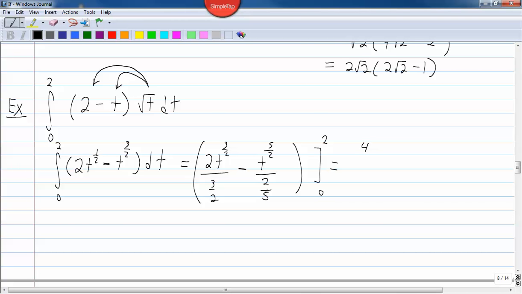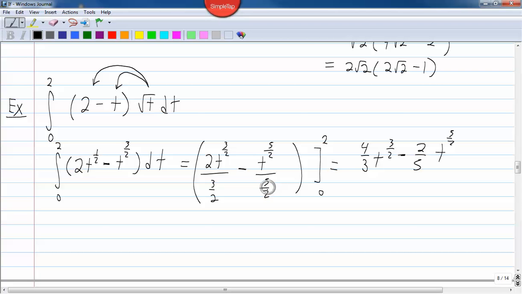So this is going to be 4/3 t to the 3/2 minus... right here, I was supposed to divide by 5/2, not 2/5. I don't know why I did that. So it's going to be what? 2/5 t to the 5/2.